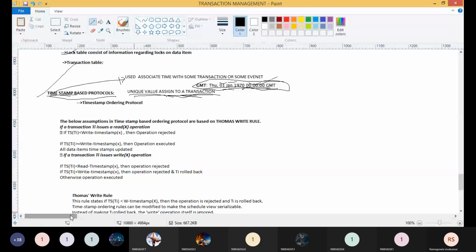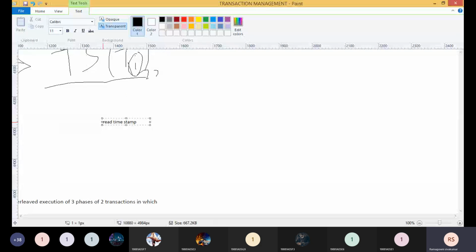Read timestamp on data item X. How can we read this?